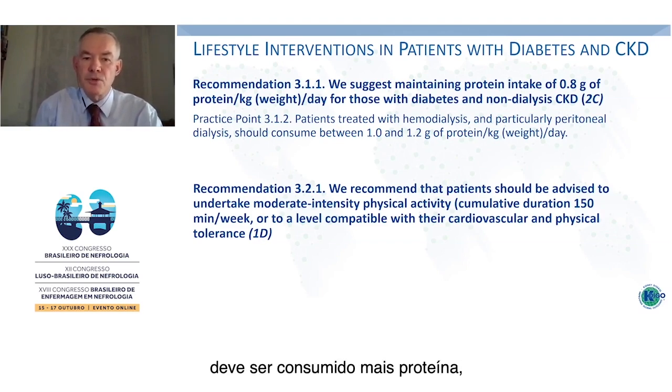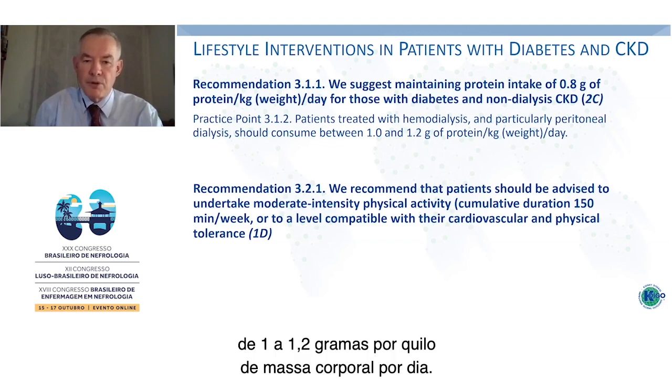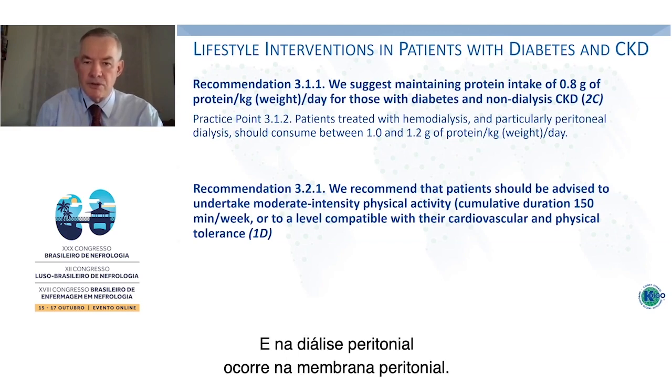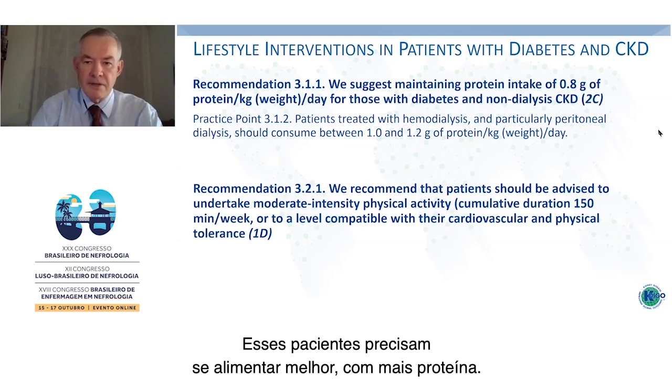They should consume higher protein, 1 to 1.2 gram per kilogram per body weight per day. That's mainly due to the protein loss, the amino acid loss during dialysis and during peritoneal dialysis across the peritoneal membrane. And these patients require better nutrition with more protein.